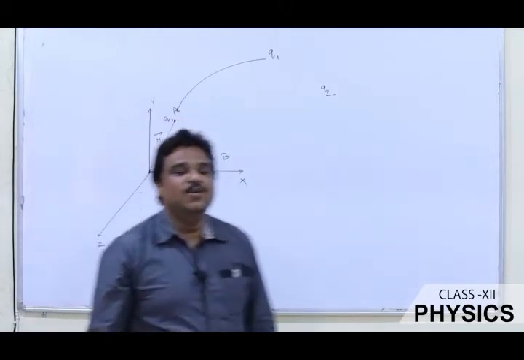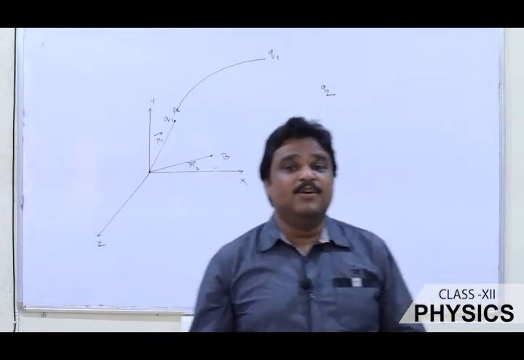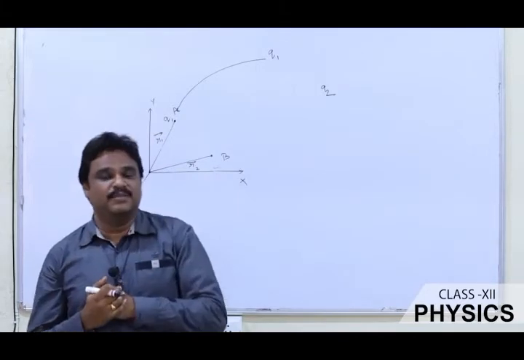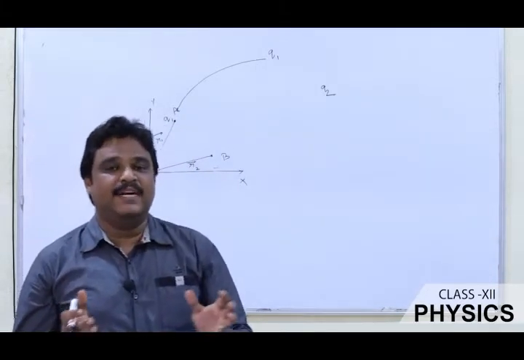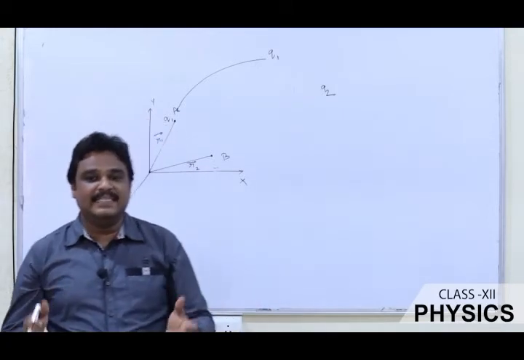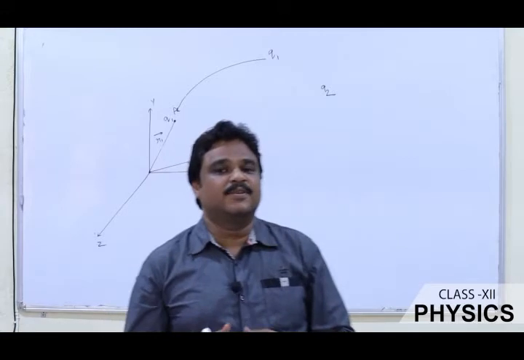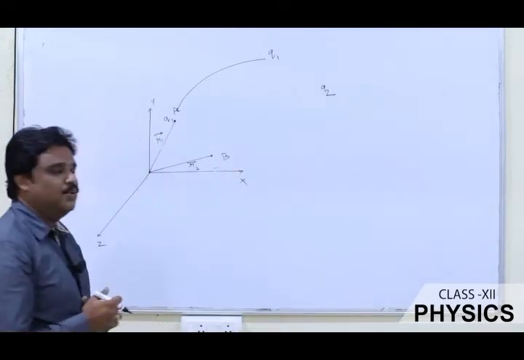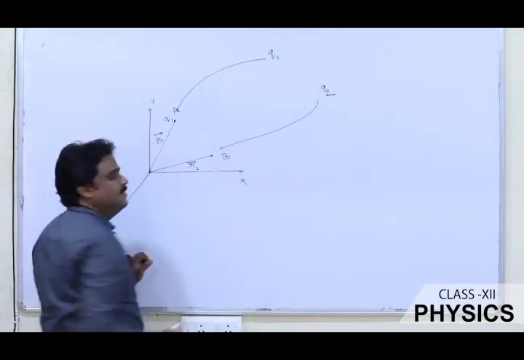The answer is no, because in the system there were no other charges that can cause an electrostatic force of opposition for the charge q1. So while bringing q1 from infinity to point A, no work is done. The reason is there were no other charges present in the system that cause an electrostatic force of opposition on q1.